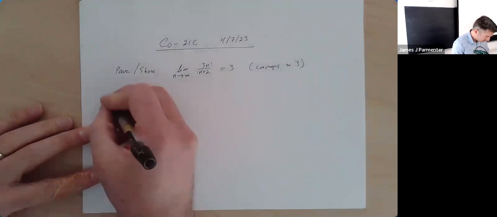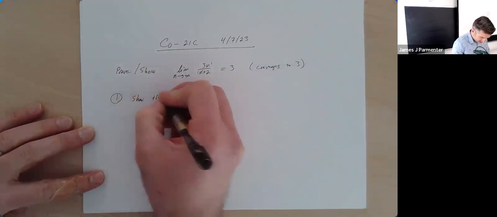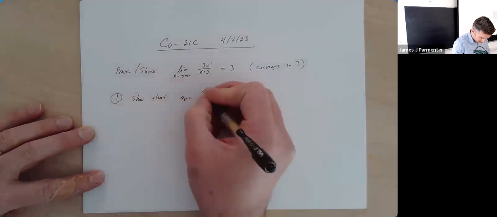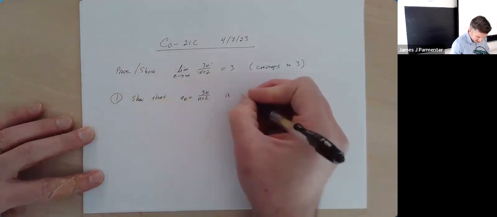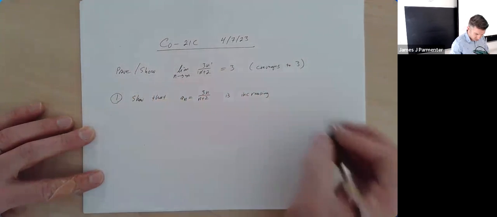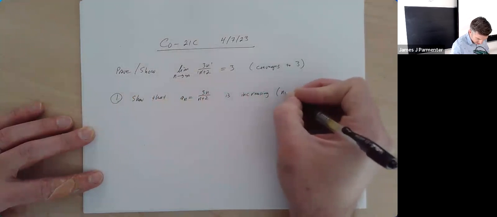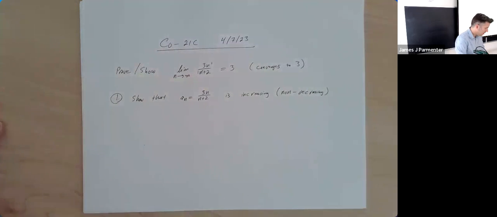Thing one: we're going to show that the sequence a sub n equal to 3n over n plus 2 is increasing, or more generally non-decreasing. There are a couple of ways to show sequences are increasing or decreasing, but we're looking for increase right now.